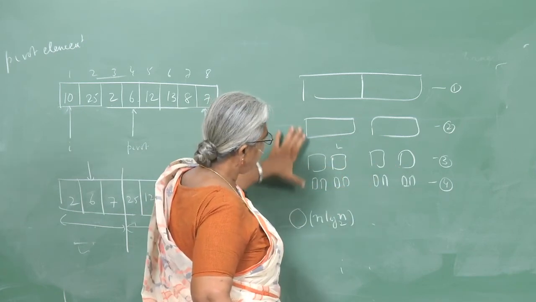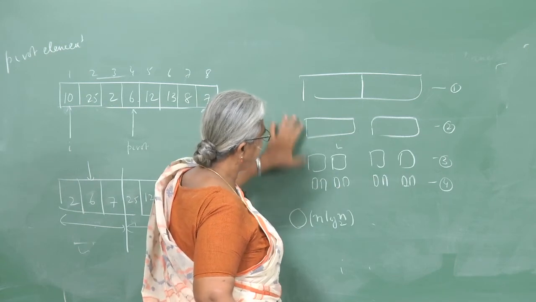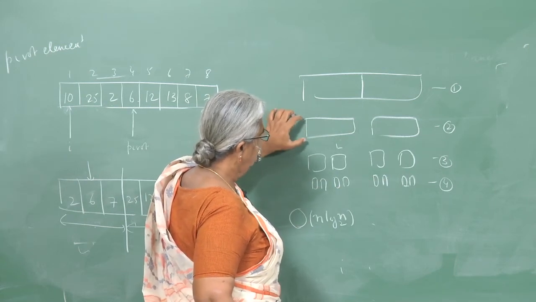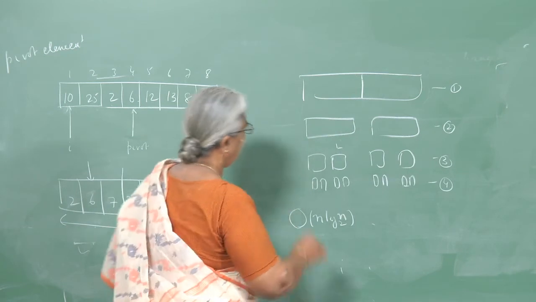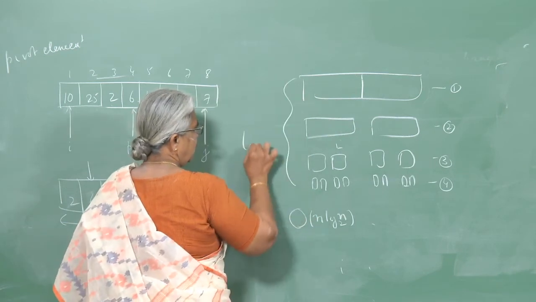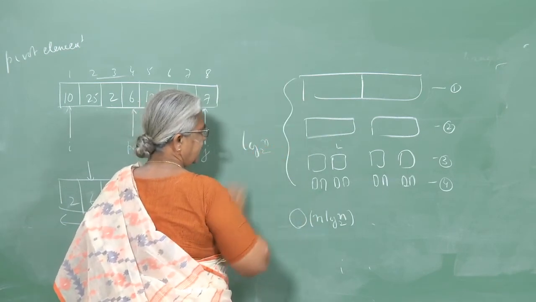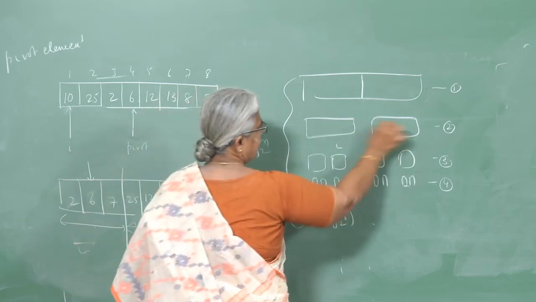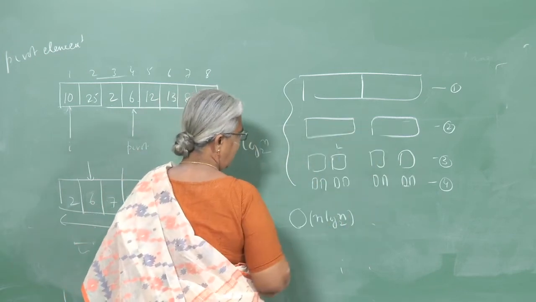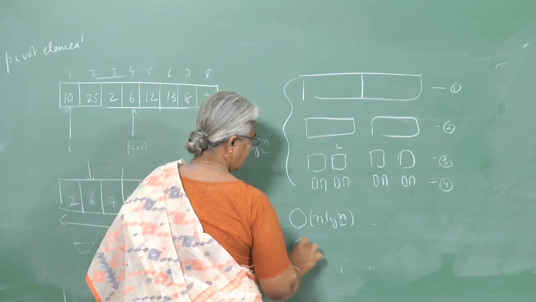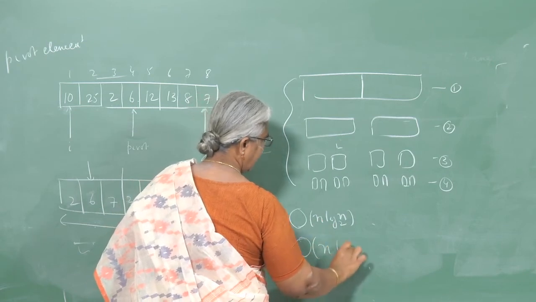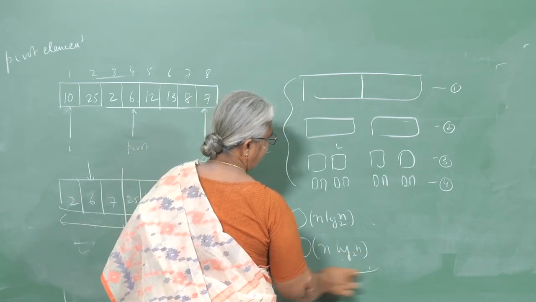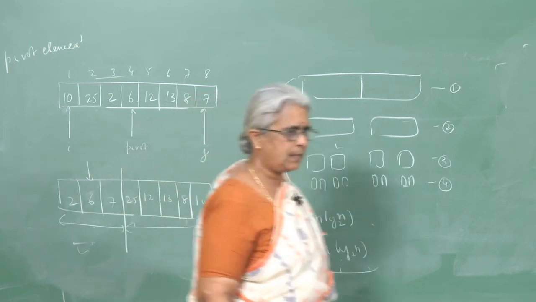So, when you look at it, what is happening is that the depth of this recursion, how many times the recursive call is going to be executed, is only log n, and every recursive call means I am processing all the n elements. Therefore, the time complexity is order n log n, okay, of this quicksort algorithm.